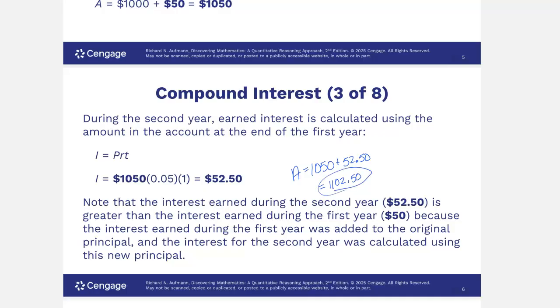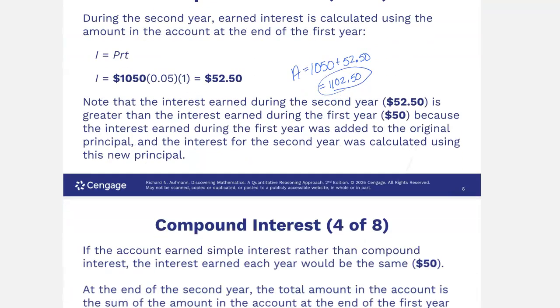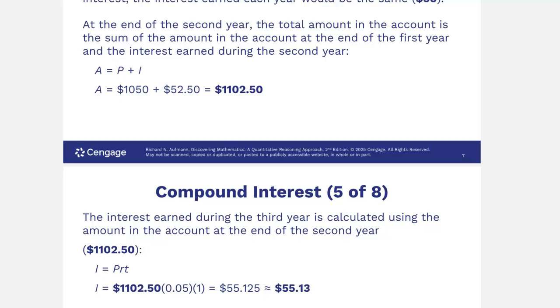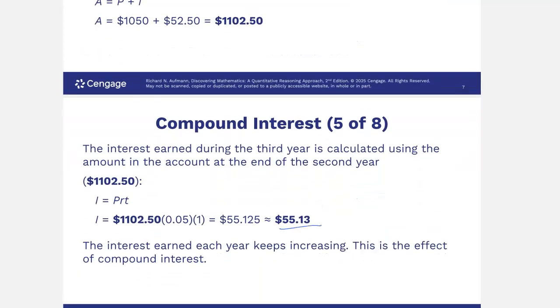And then we could do that again. We could do compound interest on top of that, and then on top of that, and you can see how that compound interest is going to compound pretty quickly. So there's the $1,102.50 that we have, and then we could earn interest again. So now we earned $55.13 in interest.